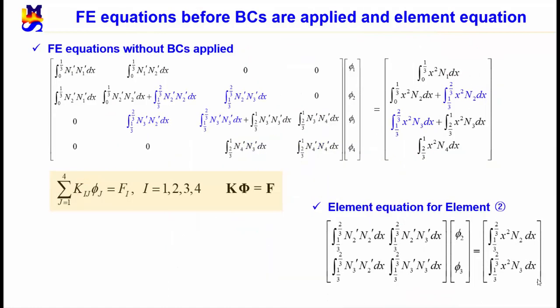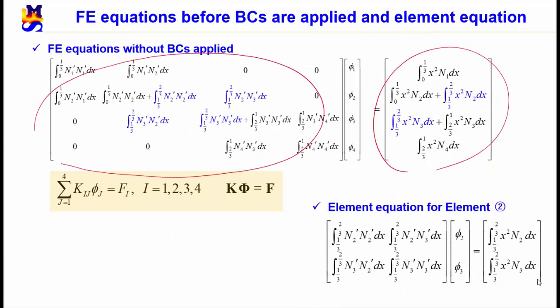Rearranging the equations in the last slide, we obtain these assembled finite element equations before imposing the essential boundary conditions. The blue color means that the terms came from element 2. These assembled equations can be expressed in matrix form like this. Matrix K is called the stiffness matrix and vector F is called the force vector.